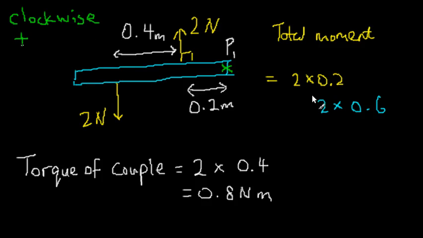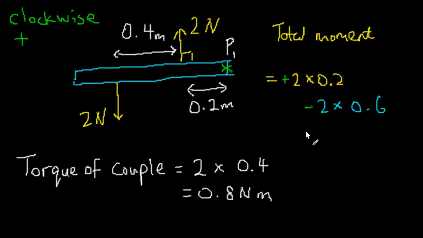Coming back to the moment, my 2 times 0.2 came from this force, which tends to rotate clockwise, so I should give this a positive sign. And my 2 times 0.6 is this one, which tends to rotate anti-clockwise, so I should give this a minus sign.